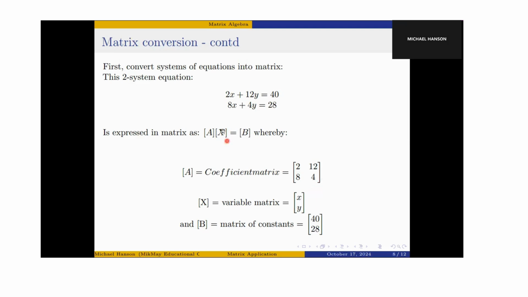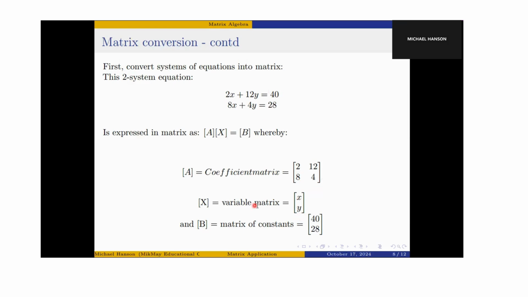Now, the matrix X is called the variable matrix. That is the X variable in the first row, the Y variable in the second row. If there were three variables, then the Z variable will be in the third row right here.